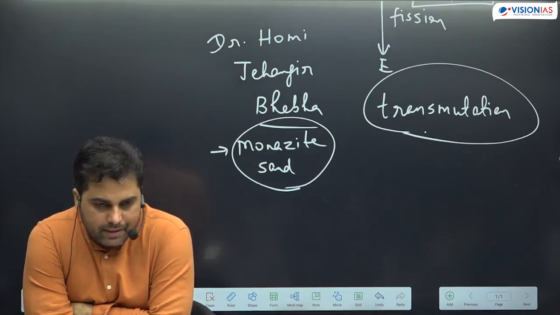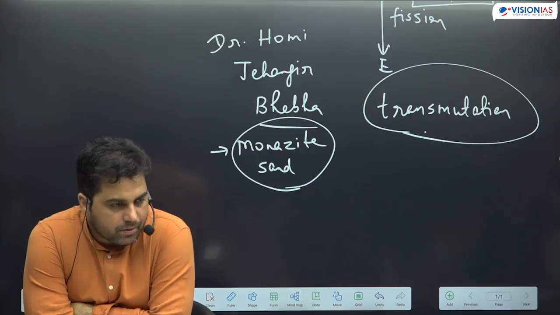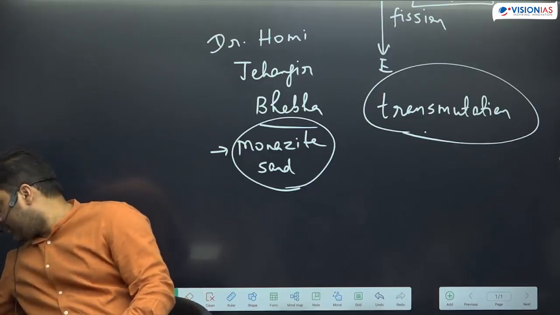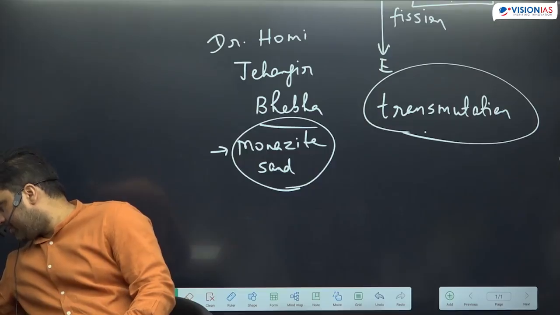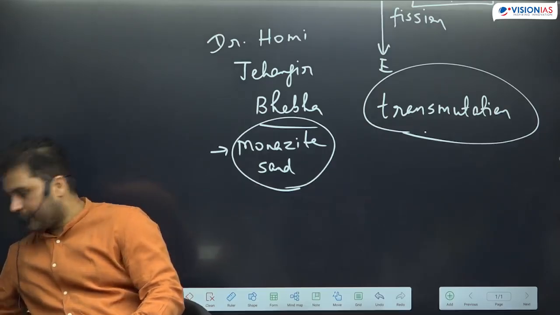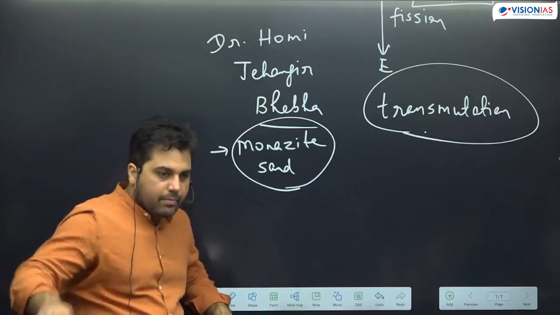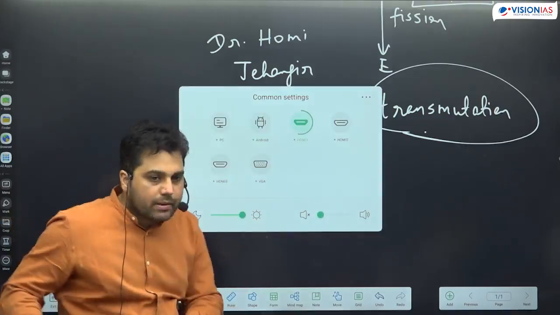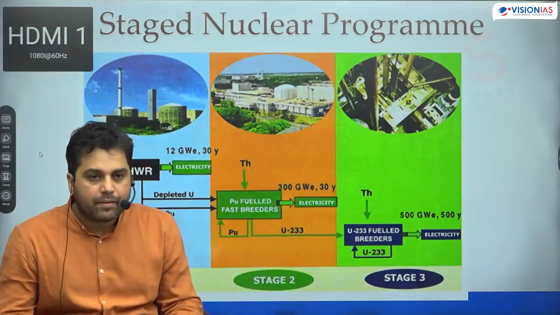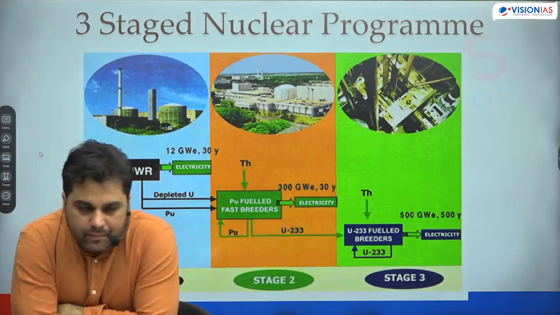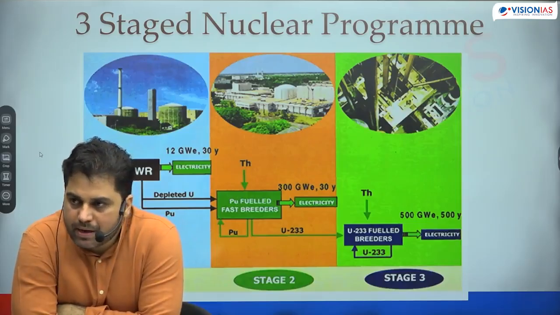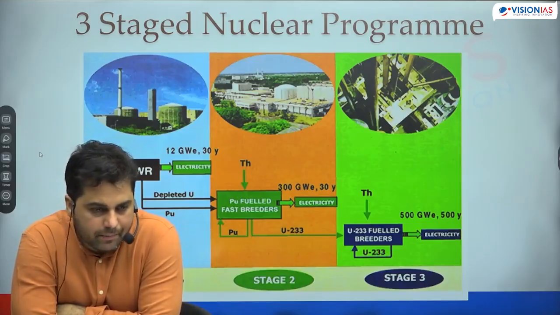Plutonium recovered from the first stage will be used for fission, along with a blanket of thorium, which can convert into uranium-233.